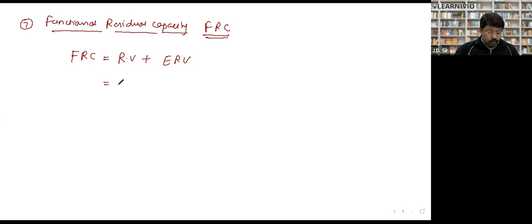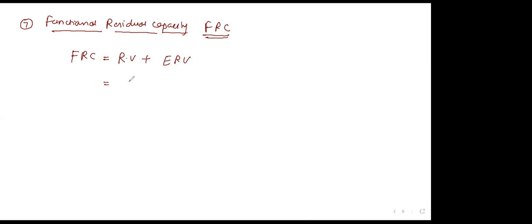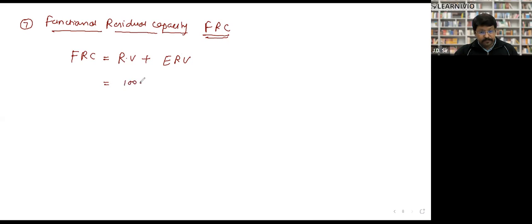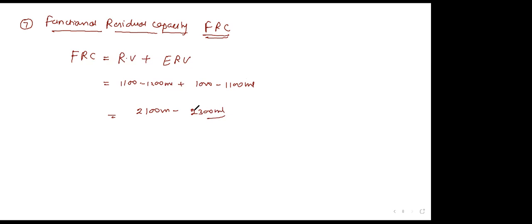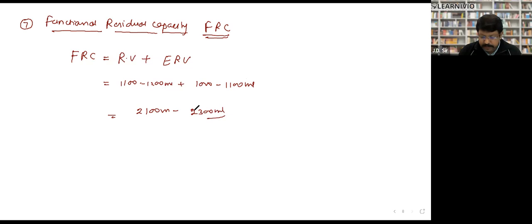RV is 1100 ml to 1200 ml. ERV is also 1000 to 1100 ml. So we can say this is 2100 ml to 2300 ml. Correct? Note it down, please.